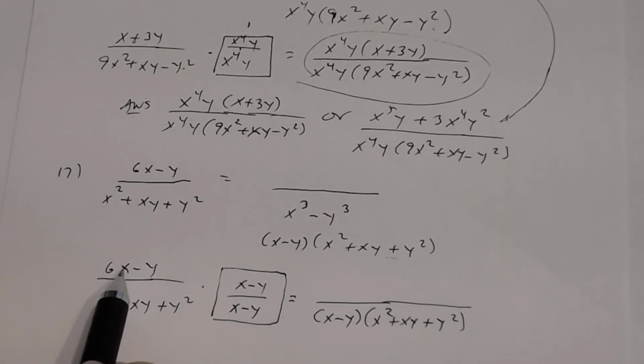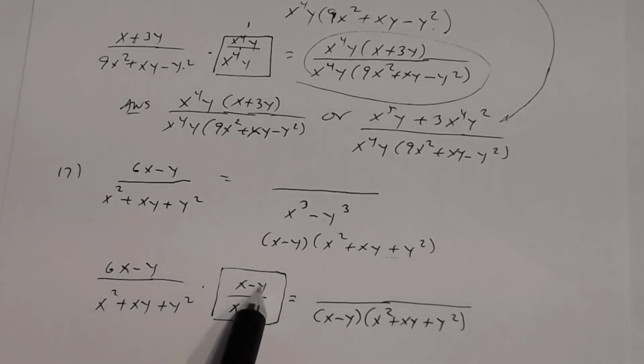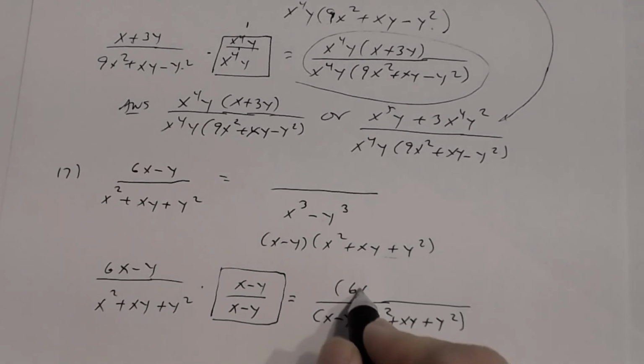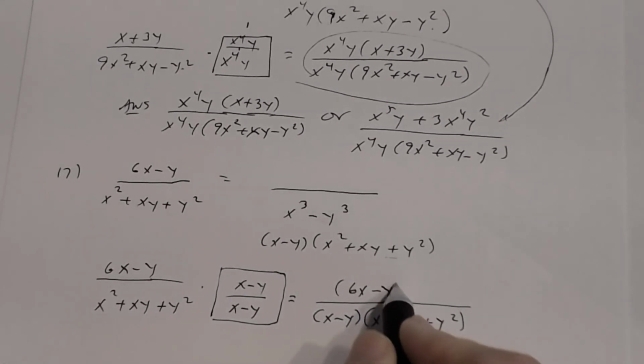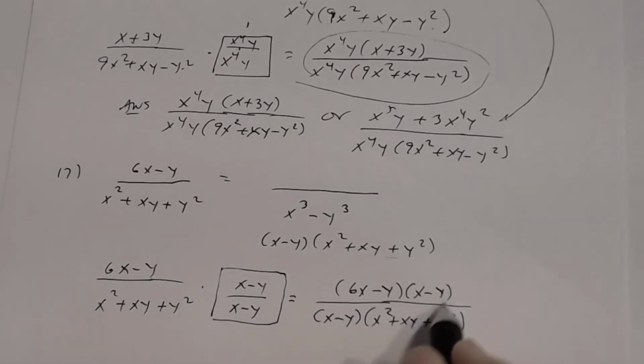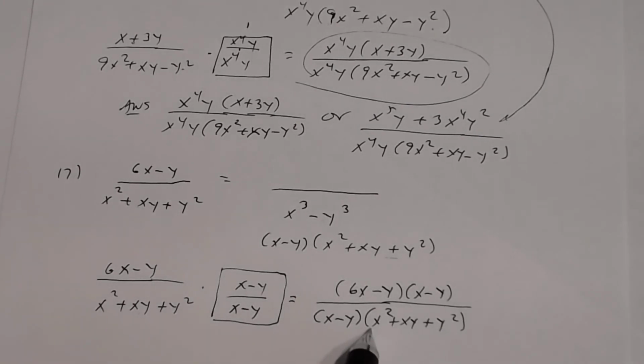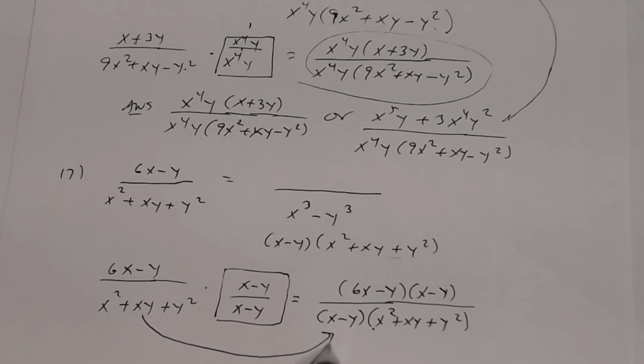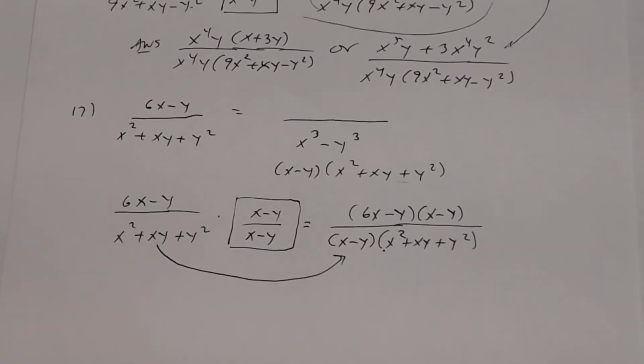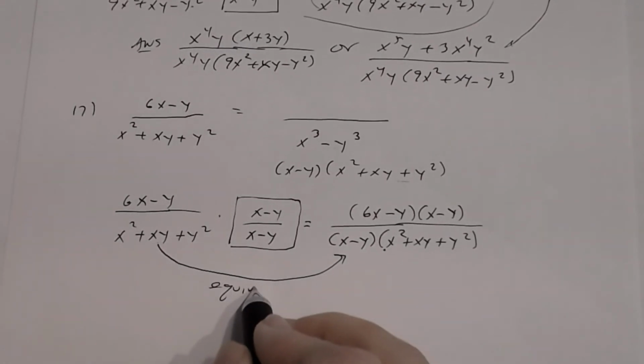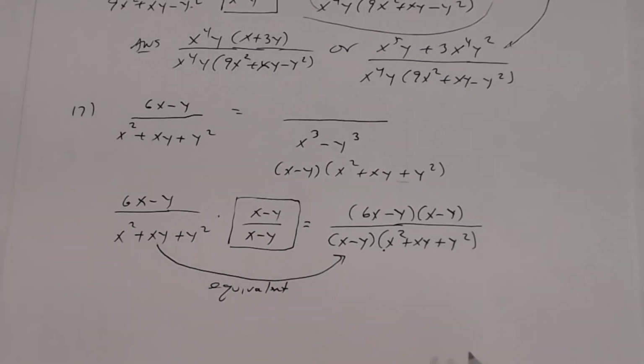And so now what I have is this binomial times this binomial will be the new numerator. And then this times this is this. Okay, so you found your answer. So this rational expression is equivalent to this one. That's what we found. So those two are equivalent to each other.